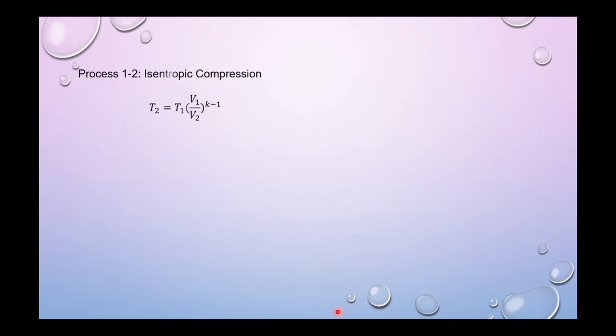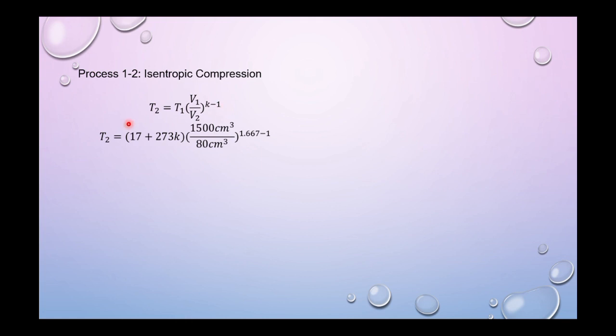Next, first we need to find the process at state 1 to 2, isentropic compression. To find the temperature at state 2, temperature 2 is equal to temperature 1 times volume 1 over volume 2 raised to k minus 1.